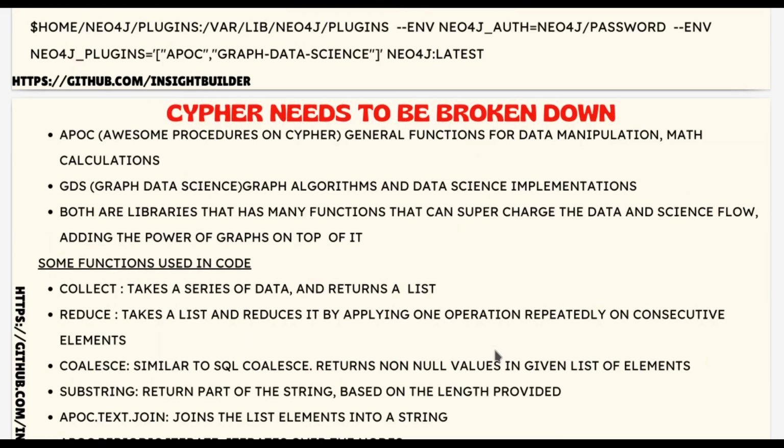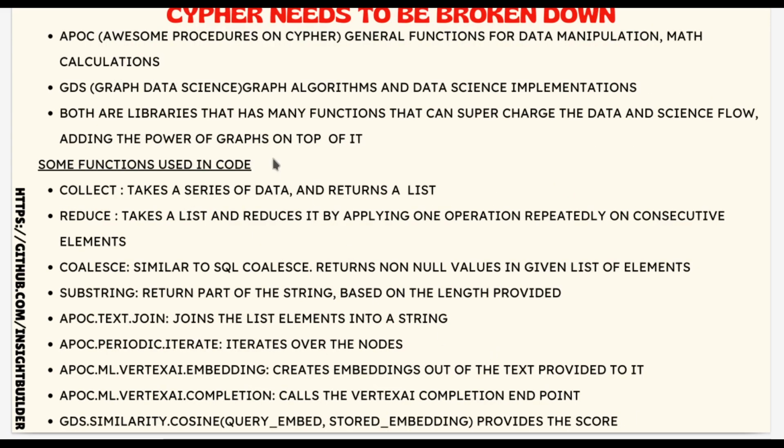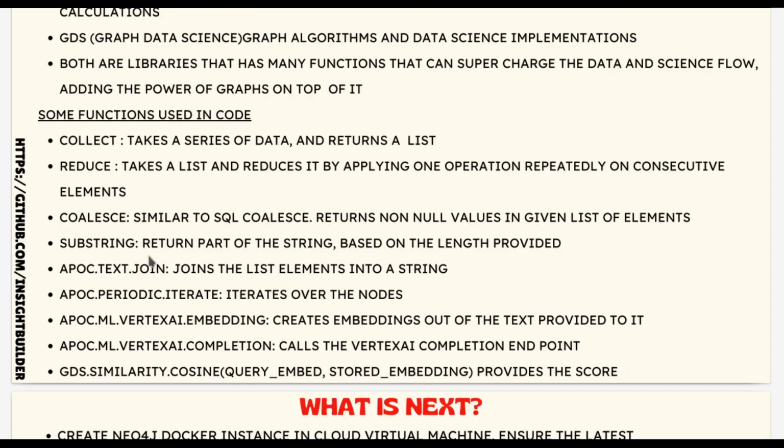And I'll be breaking down the Cypher. Cypher is the query language that we are talking about, and we'll be going through a lot of Cypher query language commands in this particular discussion. The salient functions that we will come across are collect, reduce, coalesce, substring, and APOC related procedures like join, iterate, vertex embedding that I already spoke to you about, completion, and graph data science similarity.